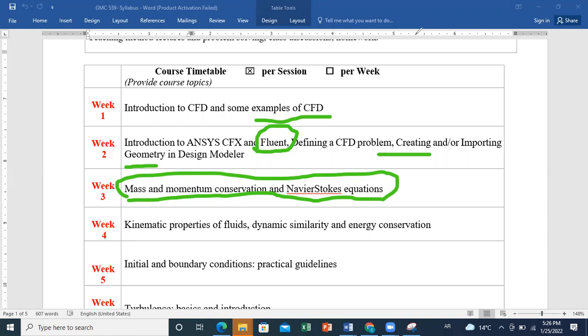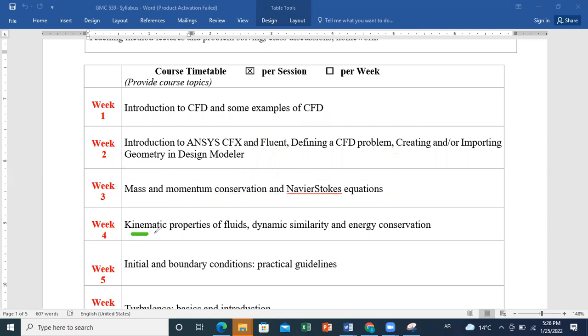After this, we'll also do a review on kinematic properties of fluids, dynamic similarity and energy conservation. In fluid mechanics, in the last chapters, you were introduced to similarity. This is a very important idea when you use CFD, because sometimes you have a very big scale, let's say you want to study an airplane or a very large scale building.